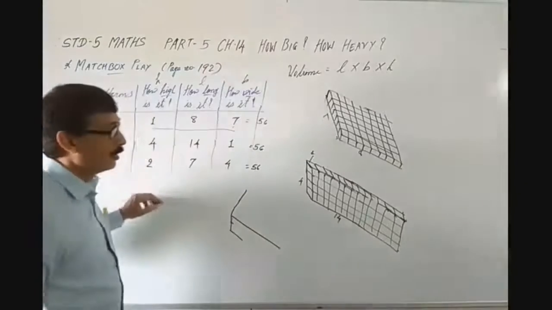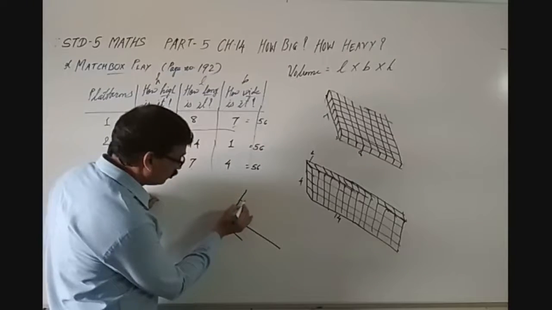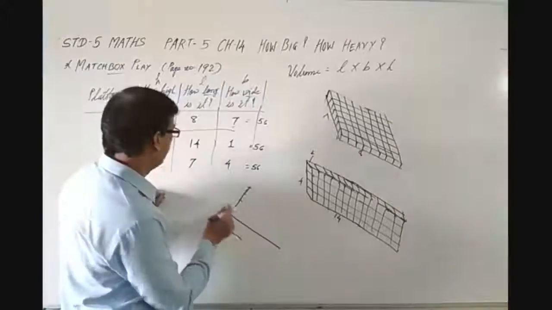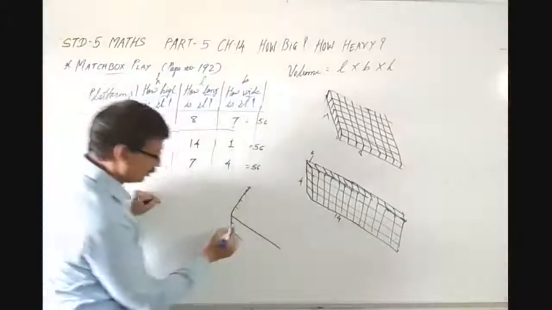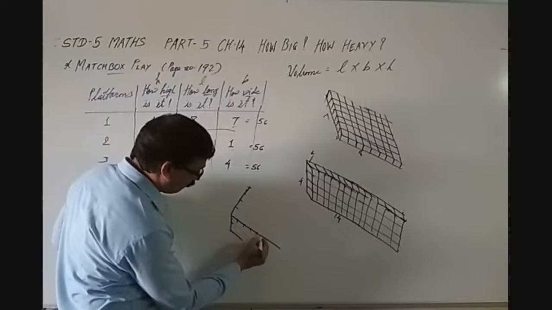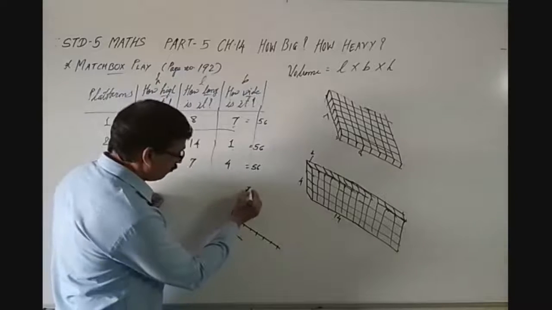And see, width wise 4, so it is 1, 2, 3, 4. Okay. And lengthwise 7, so it could be 1, 2, 3, 4, 5, 6, and 7. Okay.